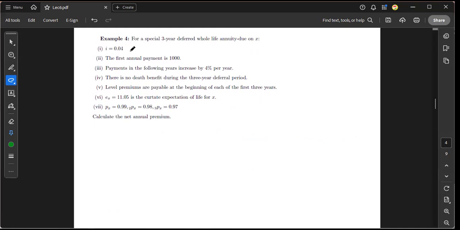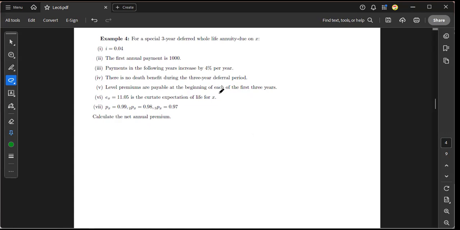So the i is 4, that is 4%. That means we cannot use the standard life table here. The first annual premium, or the first annual payment, is 1,000. The payments in the following years increase by 4% per year.